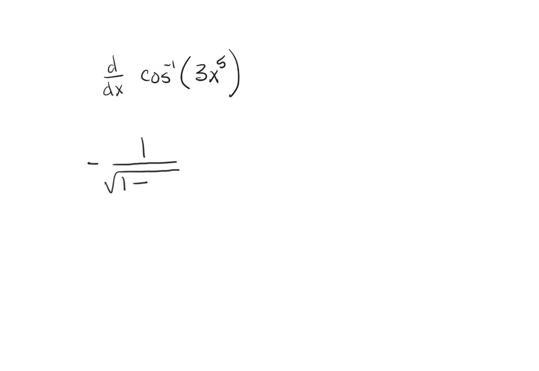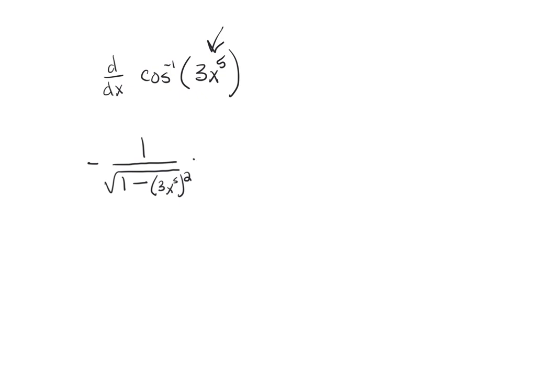Okay, our first example, we are going to find the derivative of inverse cosine of 3x to the 5th. So we have to use that formula that we have to memorize, and then it's also chain rule. So cosine is negative 1 over the square root of 1 minus, and then you're plugging this whole thing in for x, so (3x to the 5th) squared.